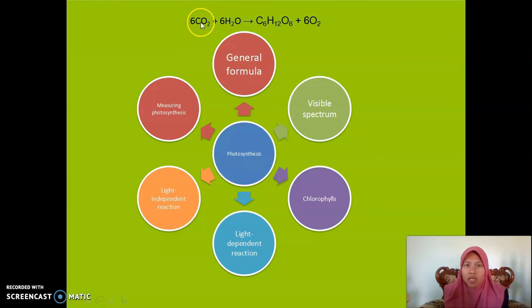Meaning when we need carbon dioxide it comes from the byproduct of the human respiration. And apabila the product of photosynthesis is oxygen, where it is needed, the feeder of human respiration.